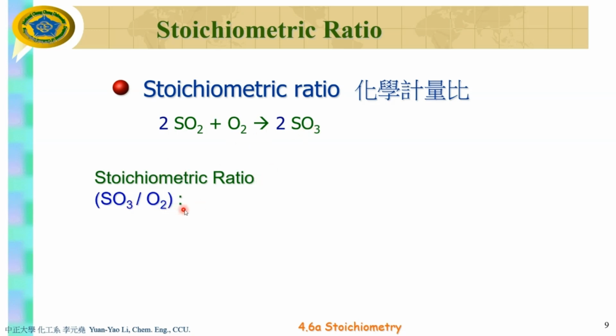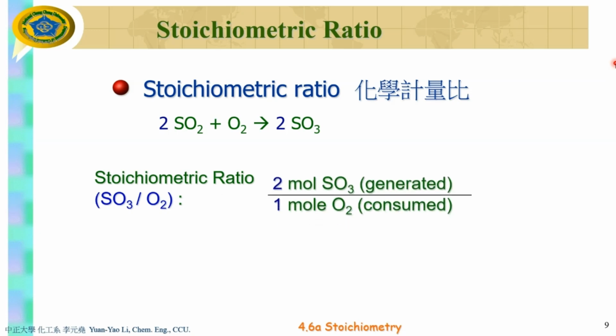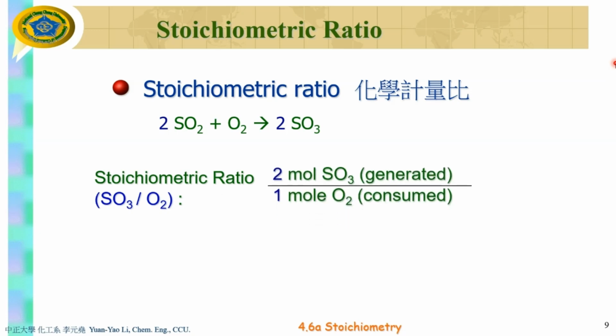That will be 2, right? Because you have 2 moles of SO3 and you have 1 mole of O2, so 2 divided by 1. Okay, this is what we call the stoichiometric ratio.